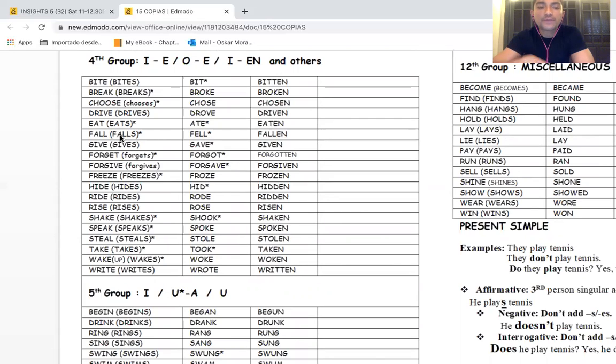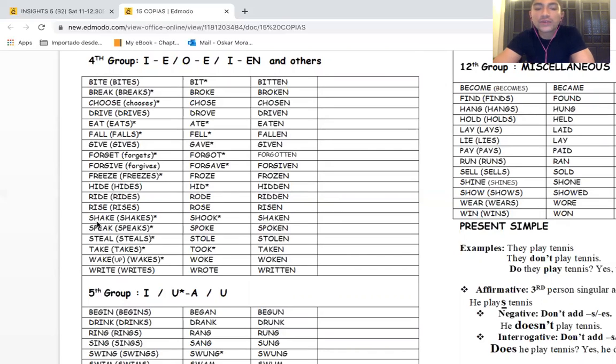So for example, the verb bite would turn into bit, break, broke, choose, chose, drive, drove, eat, ate, fall, fell, give, gave, forget, forgot, forgive, forgave, freeze, froze, hide, hid, ride, rode, rise, rose, shake, shook, speak, spoke.